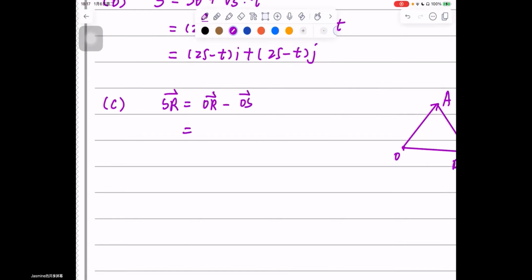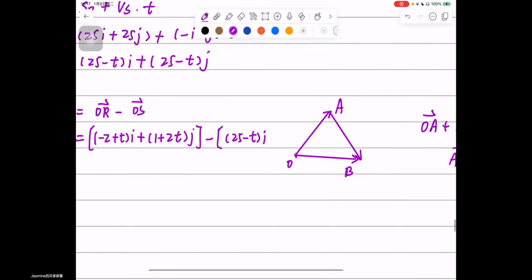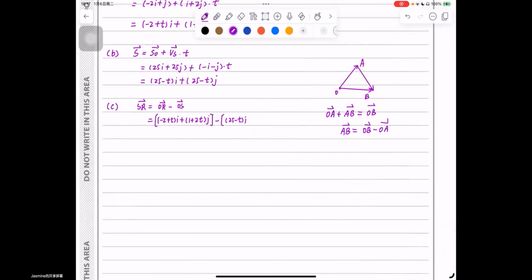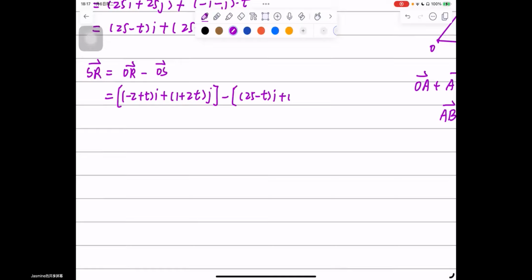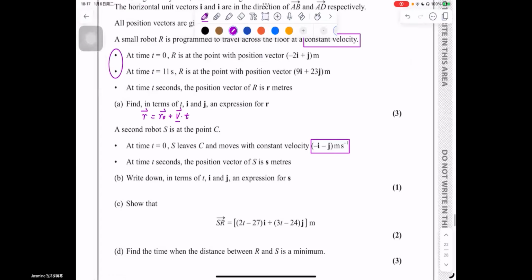OR, as calculated above, is (minus 2 minus t)i plus (1 plus 2t)j, minus (25 minus t)i, plus (25 minus t)j. And you will get (2t minus 27)i plus (3t minus 24)j. So this is exactly what this question is about.